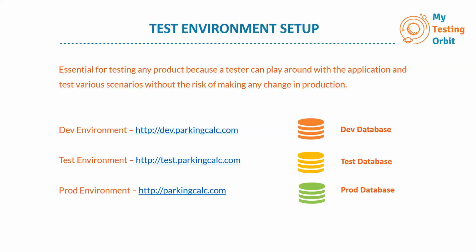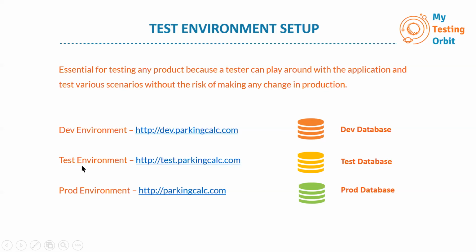So if we are doing testing, we need to make sure that our test data is set up in our test database, because this database and this server will be used for our testing. For this project, I have just taken 3 environments. We will be assuming that we have a dev environment where the development would be done.